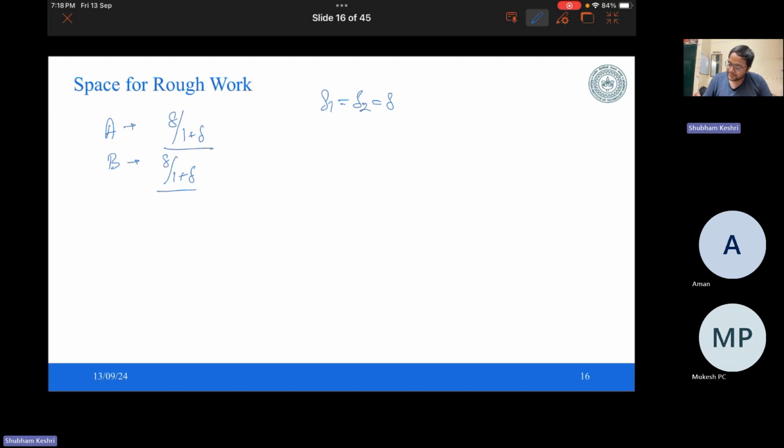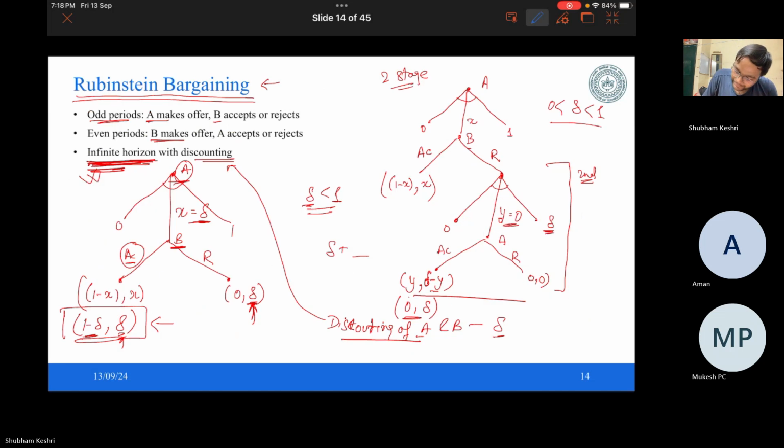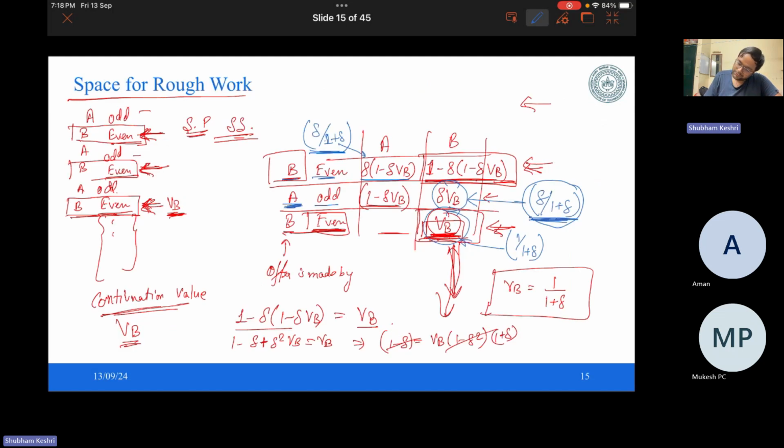Now, since this is an infinite horizon game, B knows that if A makes this offer delta by 1 plus delta at an odd stage, over here I have written even, odd, even, right? So over here he'll make delta by 1 plus delta.